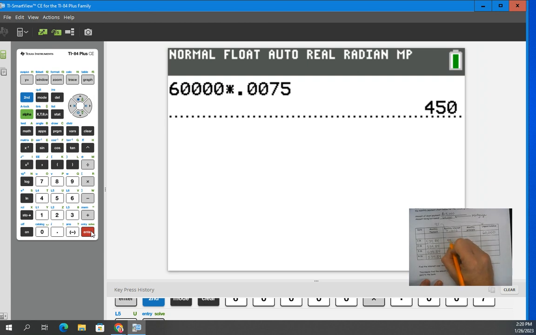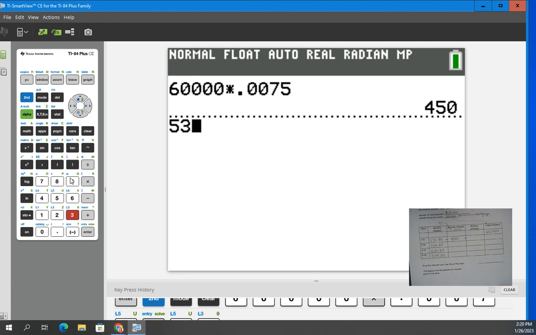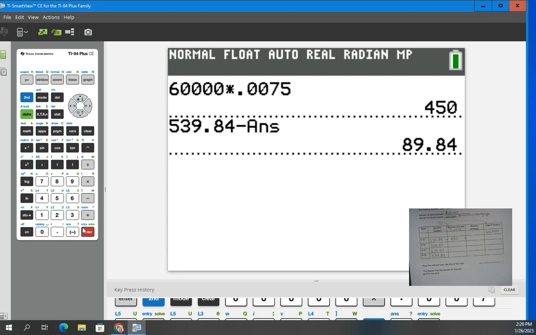And that comes out to be $450 that we have to pay in that first month just in interest. Then we subtract. We take $539.84 minus our previous answer, which was $450. So we only paid down our mortgage by $89.84 that very first payment.